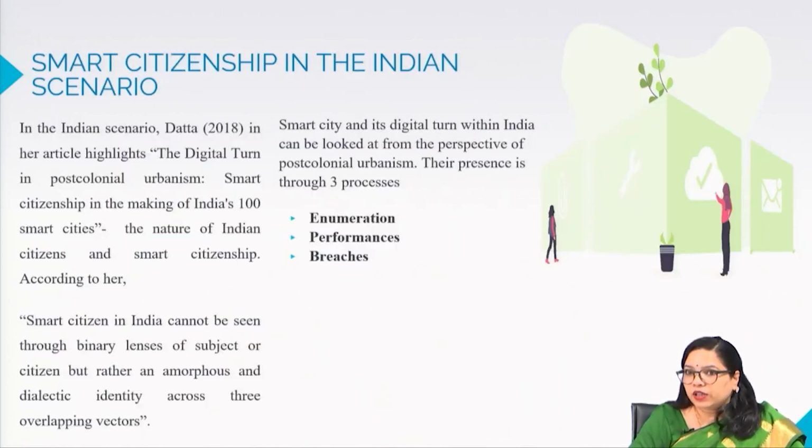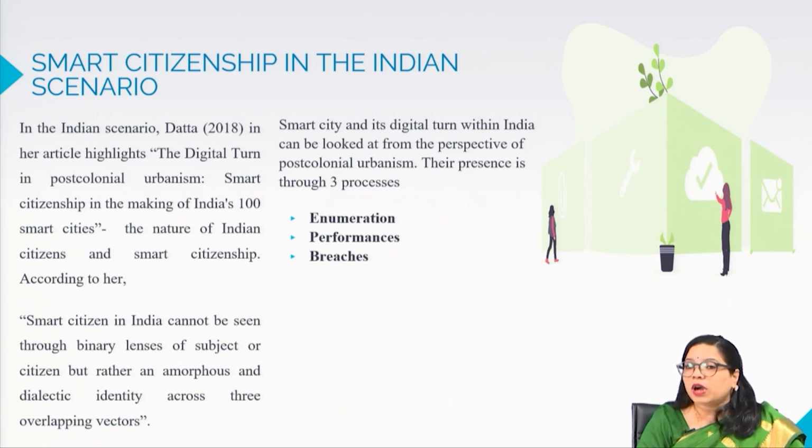In the Indian scenario, Datta, in her article The Digital Turn in Post-Colonial Urbanism: Smart Citizenship in the Making of India's 100 Smart Cities, highlights the nature of Indian citizens and smart citizenship.